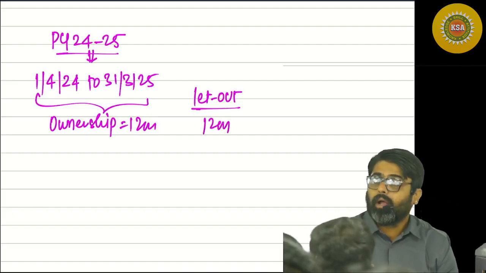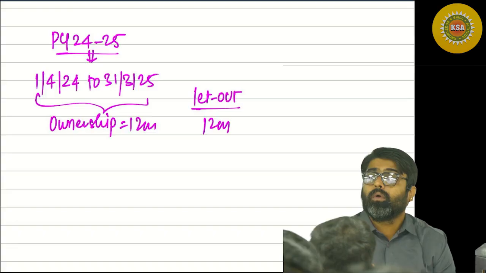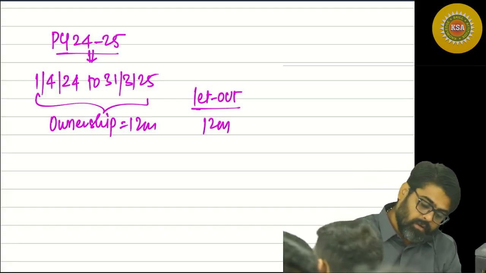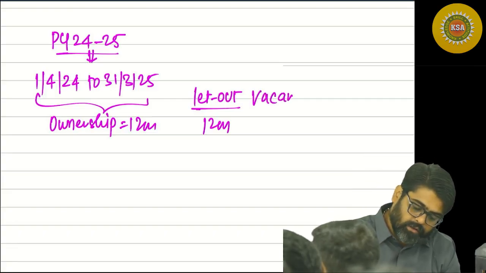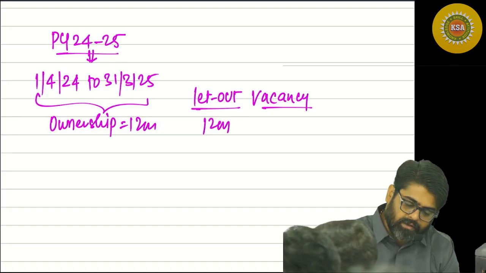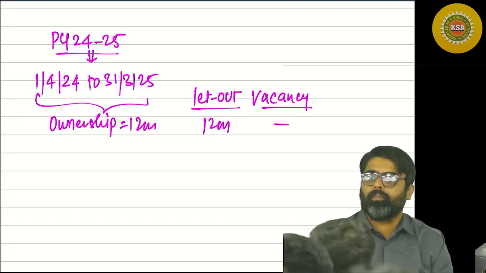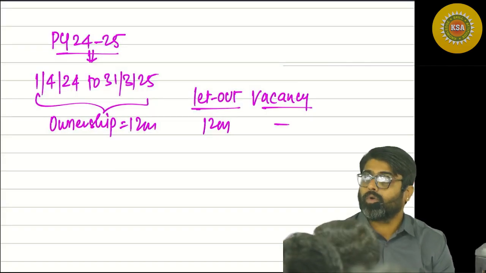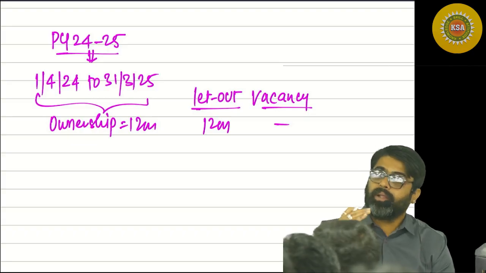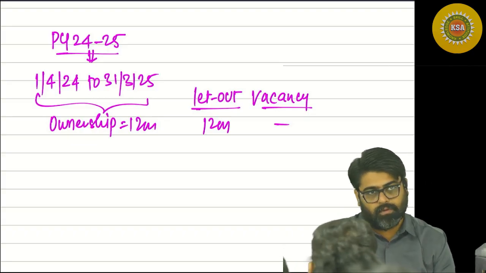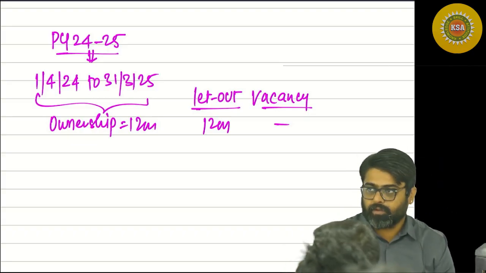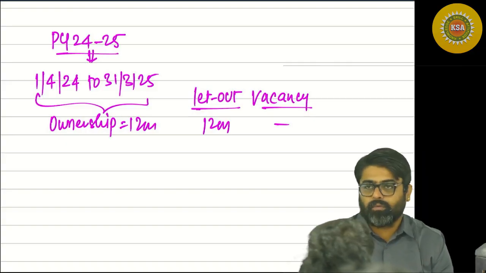And if I have let out the property for full 12 months of my ownership, can there be any vacancy? No, because the property is let out throughout the period of my ownership. If there is no vacancy, property is let out for how many months?